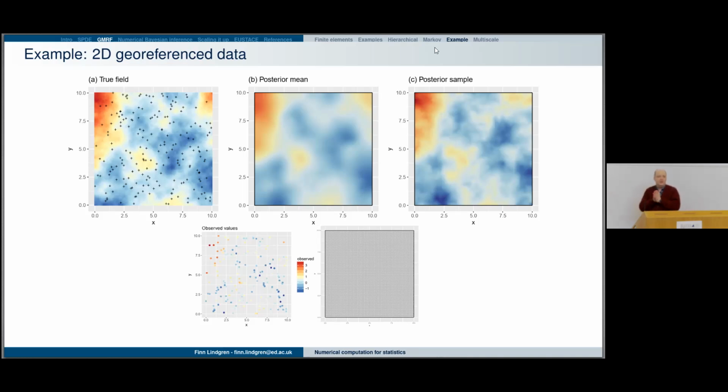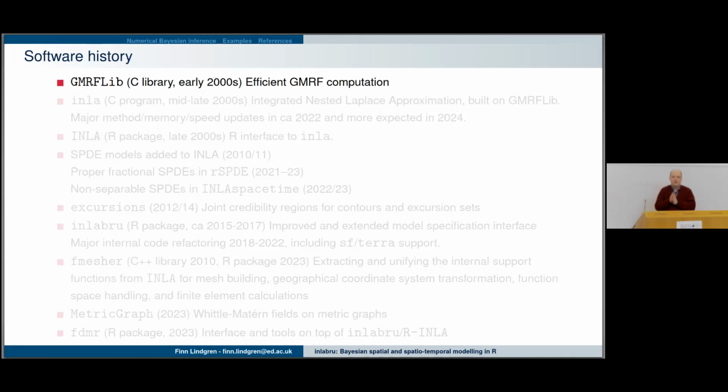So how do we make this work for people that don't know the theory of stochastic PDEs, which is essentially everyone? This was Håvard Rue and his colleagues in Trondheim in the early 2000s, and they were trying to make MCMC fast for these types of models. But we didn't have the SPDE models then, just Gaussian Markov random fields, which is this sparse precision matrix models.